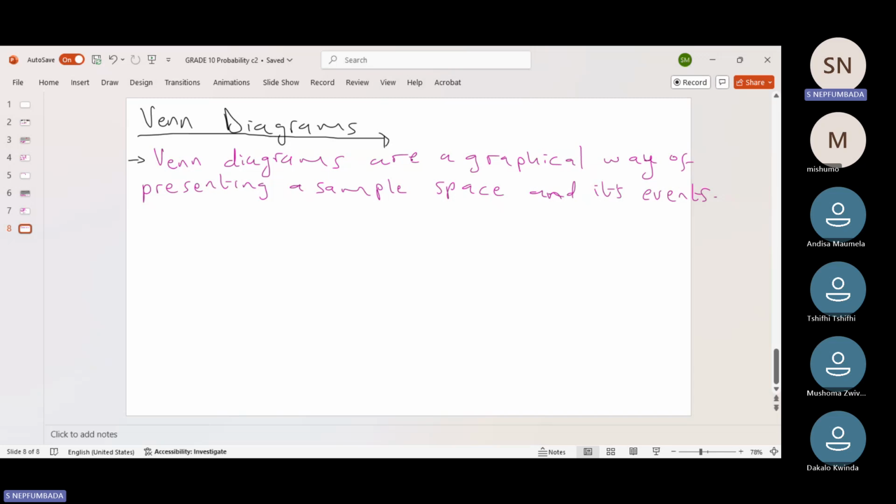So let's take an example and see how we write or draw a Venn diagram.